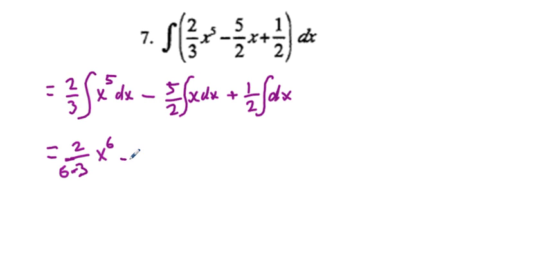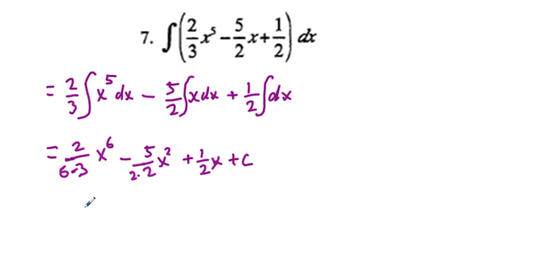Okay, and minus 5/2 x, we raised the power of 1 to the power of 2, and we're going to divide by 2. I've heard this technique called bump up and divide. We bump up the power of the exponent by 1 and divide by whatever we bumped up, and then we have plus 1/2 x, and plus our constant of integration c.